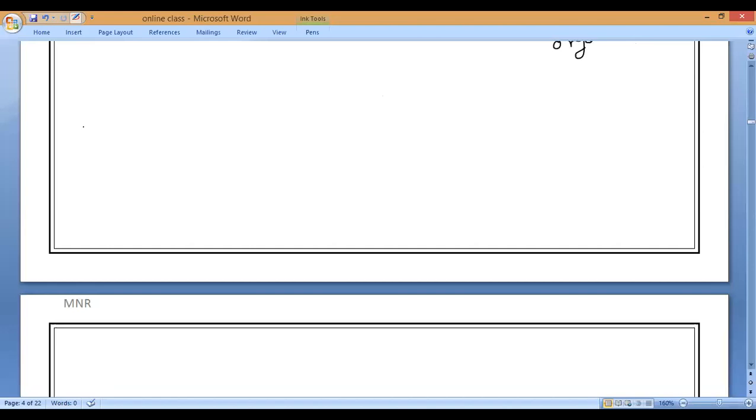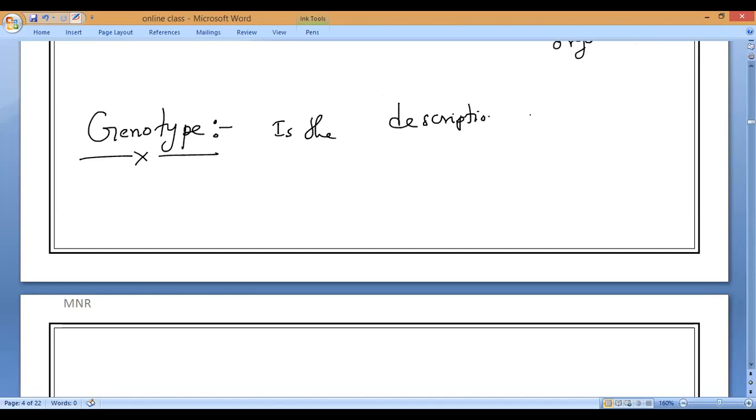Genotype is the description of genes present in an organism.